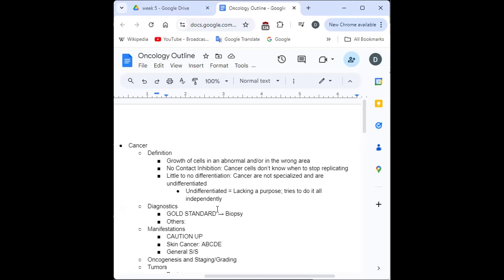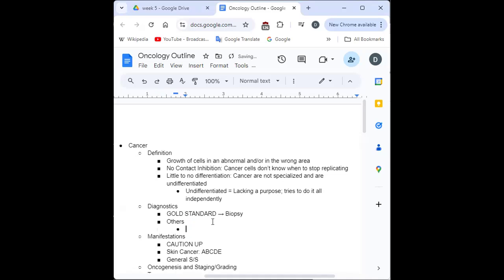What are some other things that can be looked at for cancer? There are some labs, sure. For skin cancer, we can have the ABCDE.